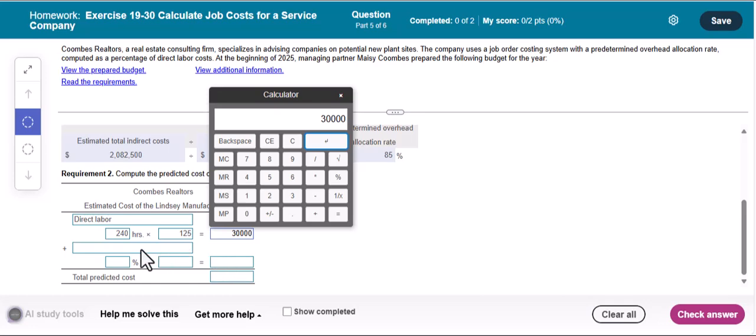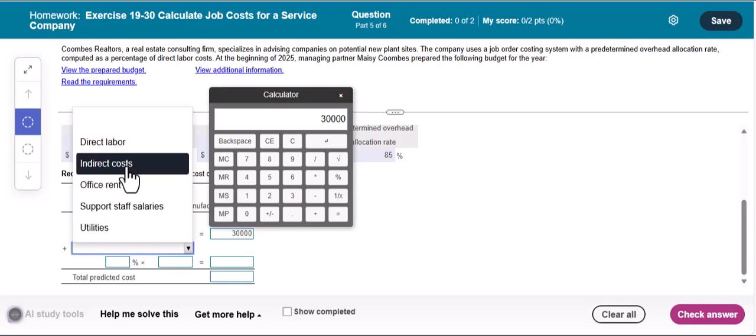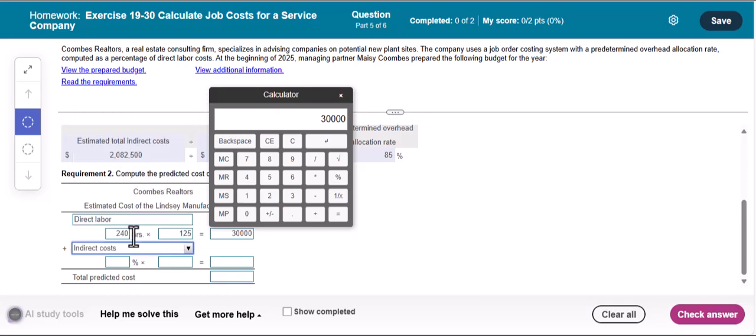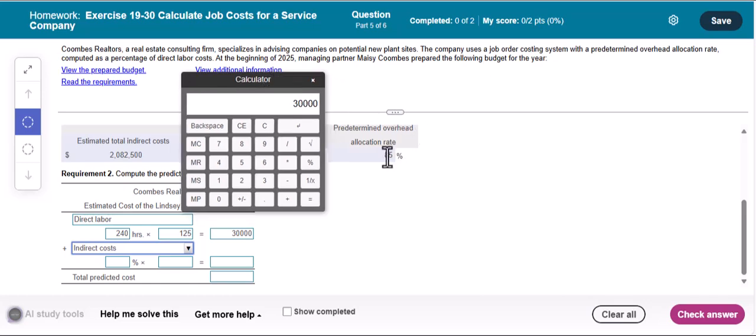So now we have to assign some of the overhead, the indirect costs, to this job as well. So the percentage here we calculated was 85%, the predetermined overhead allocation rate. So we'll input 85%. And that's going to be 85% of this cost here, this 30,000. So we'll go ahead and multiply by 0.85 to get 25,500.